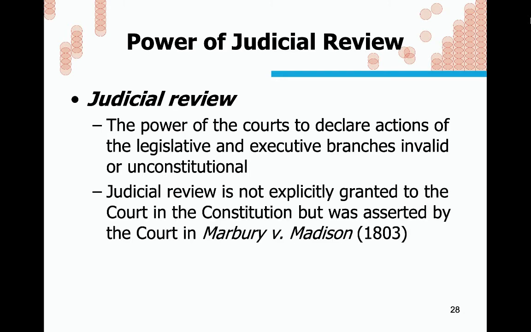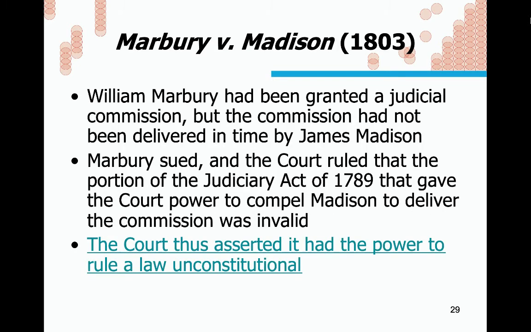However, this was not in the Constitution. It was a maneuver that the Supreme Court used to give itself more power, going all the way back to 1803. The court asserted in the case of Marbury versus Madison that it had a right to judicial review.